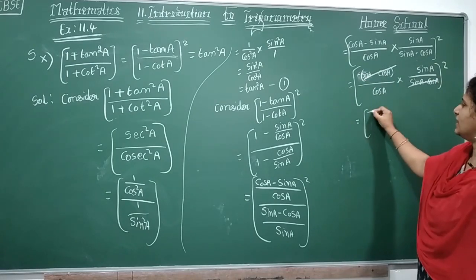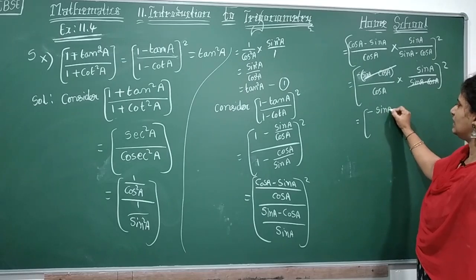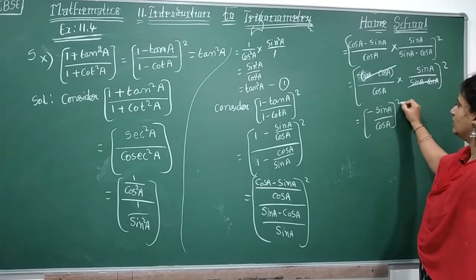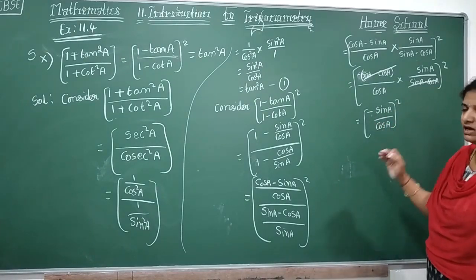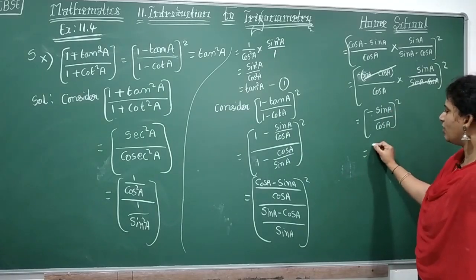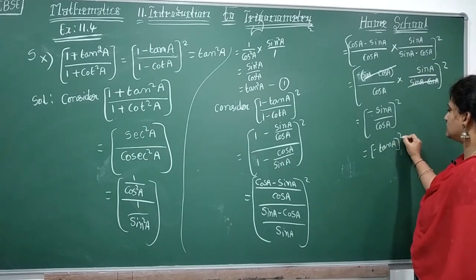So I will write it as minus 1 into sin A, which will be minus sin A by cos A whole square. Look here, minus, if you do whole square, what happens? Minus into minus, plus. So it will be sin A by cos A, which will be how much here? Minus tan A whole square.